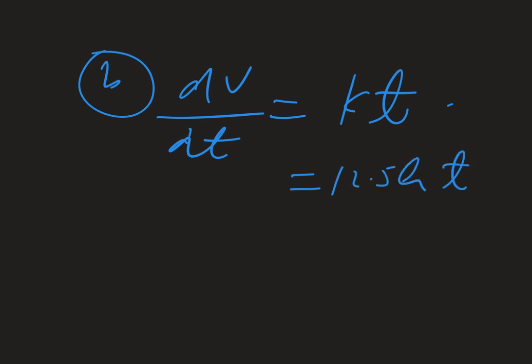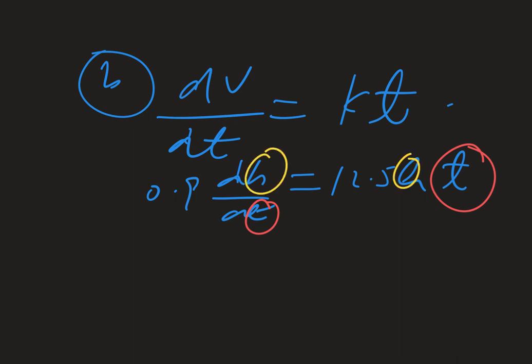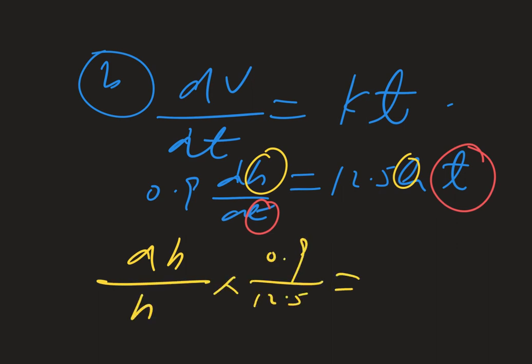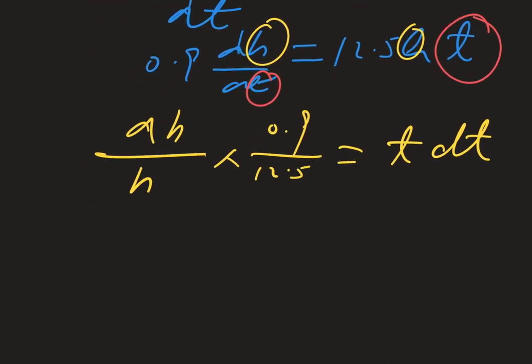So now you need to find the equation. This V is 0.9 dH/dt, correct? You have a t here, and you have h here, so we separate variables. dH divided by h times 0.9 over 12.5 equals t dt.